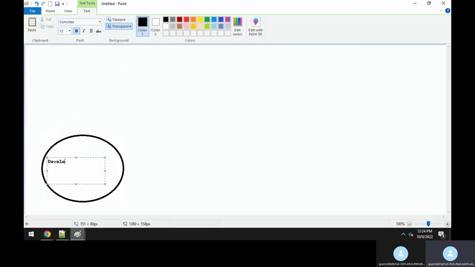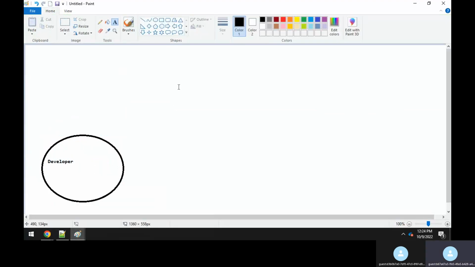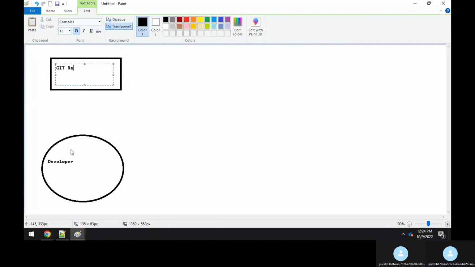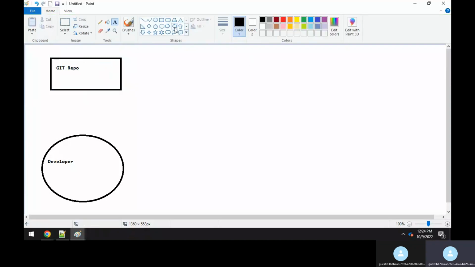So once the developer writes the complete code, he will choose a Git repository and push all the code into the Git repo.